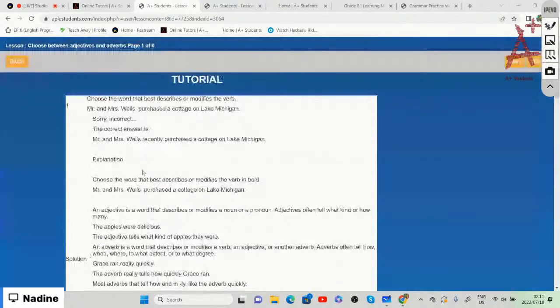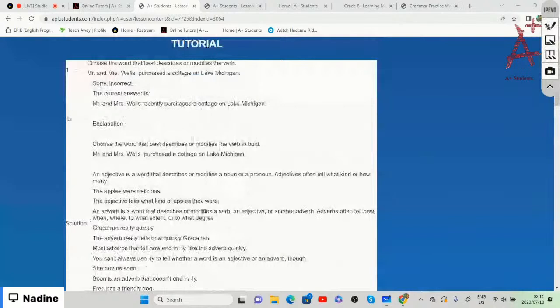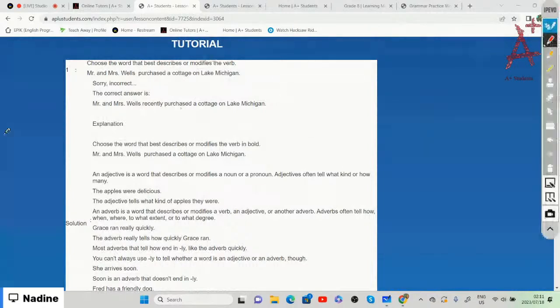So now we're going to do a sentence, and it says we need to choose the word that best describes or modifies the verb. Mr. and Mrs. Wells purchased a cottage on Lake Michigan.